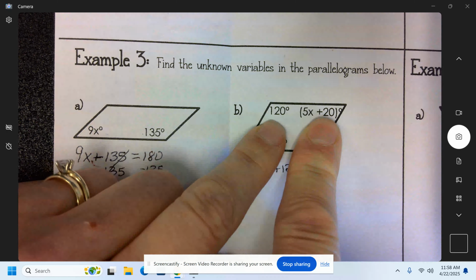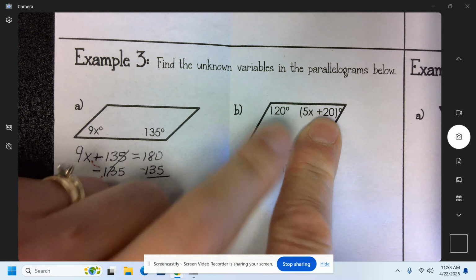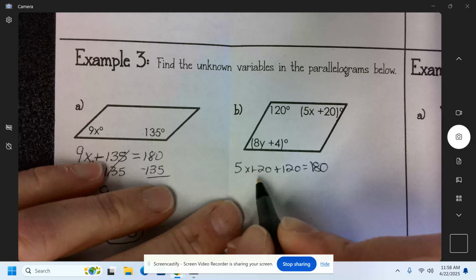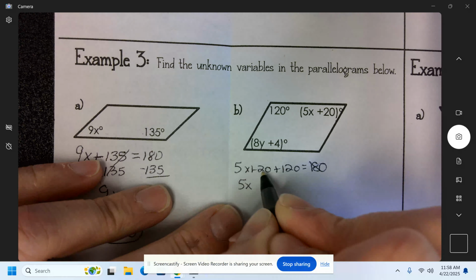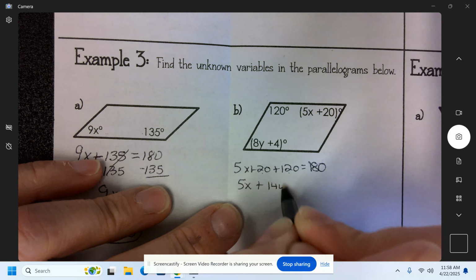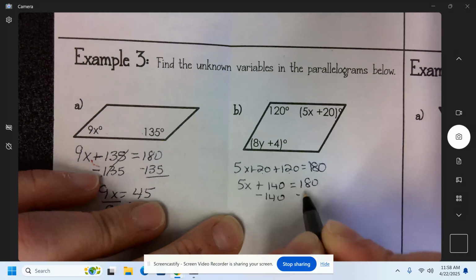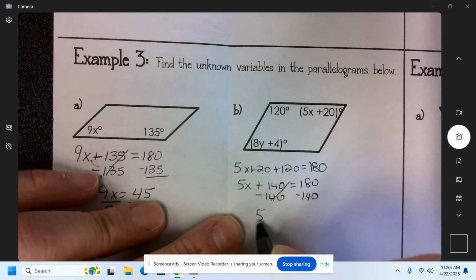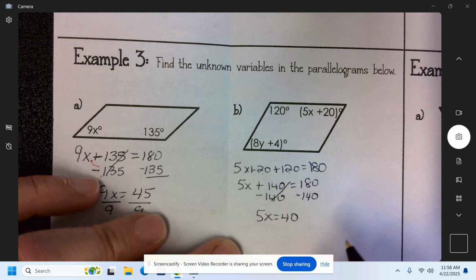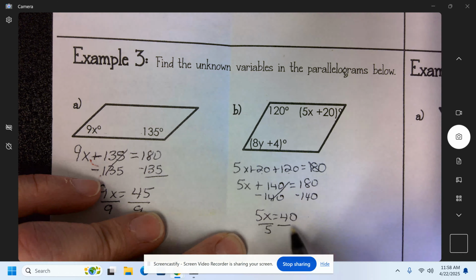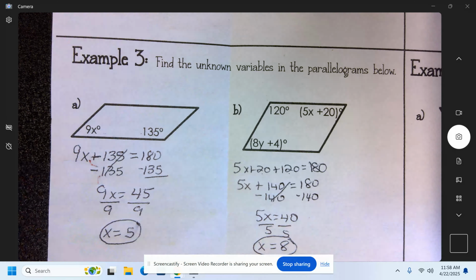Those two added together have to equal 180, okay? So I'm going to combine like terms on the left. 20 plus 120 would be 140. Then I'm going to subtract 140 from both sides. That gives me 5x equals 40. Divide both sides by 5, and we get that x is 8. X equals 8.